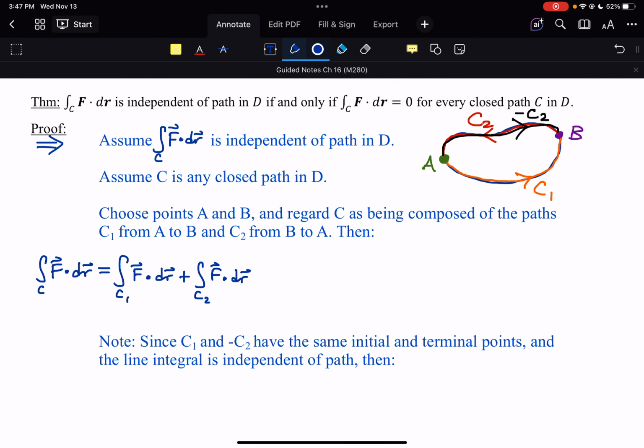Follow me on this. C1 and the opposite of C2 both start at A, and they both end at B. This one starts at A, ends at B. This one starts at A, ends at B. So the line integral over C1 equals the line integral over the opposite of C2.